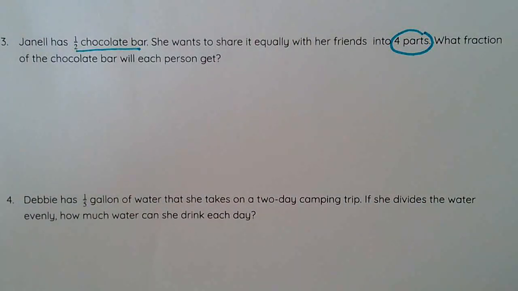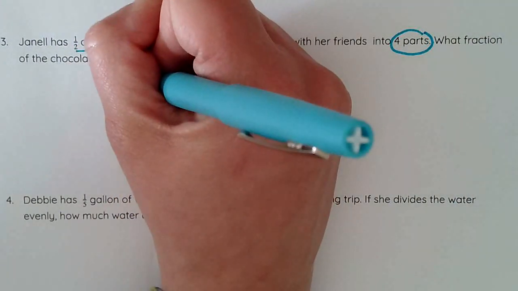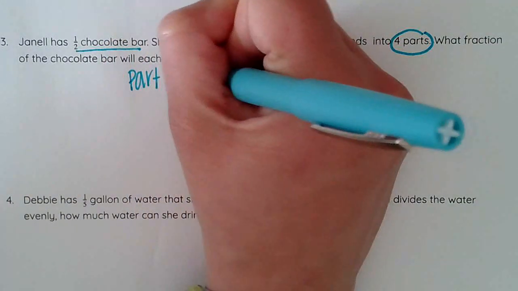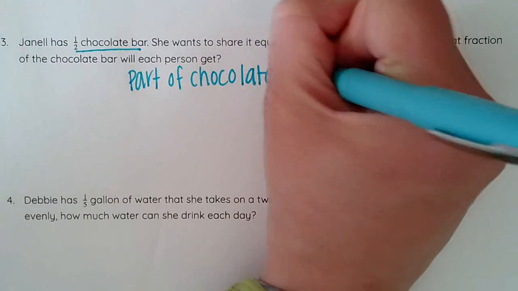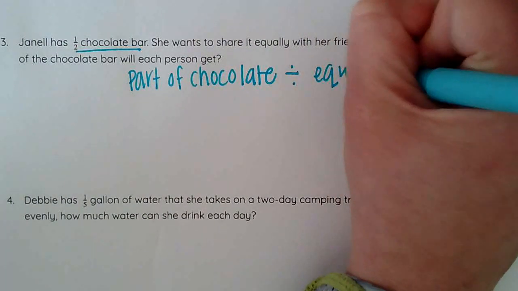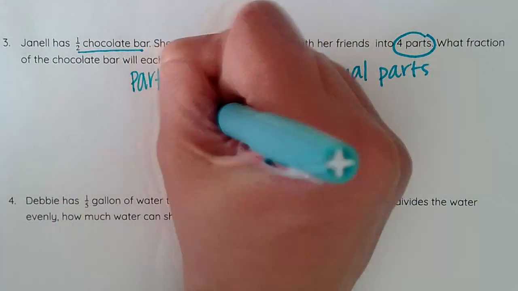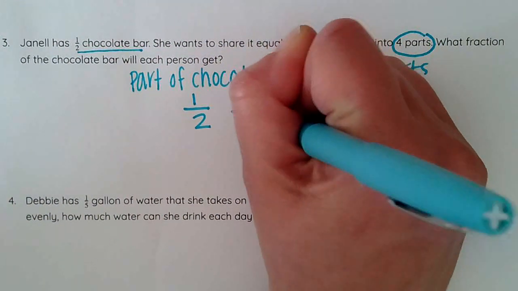So we have our part of the chocolate bar, and we are splitting it, so we are dividing it into equal parts. Okay, so the part of chocolate that I have, half of it, and I'm dividing it into 4 parts.